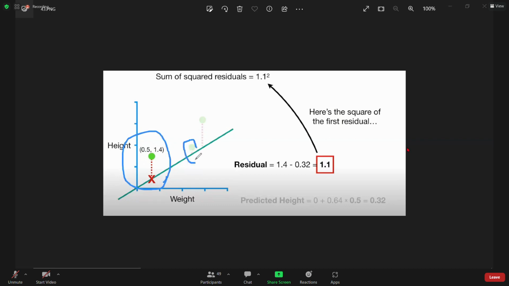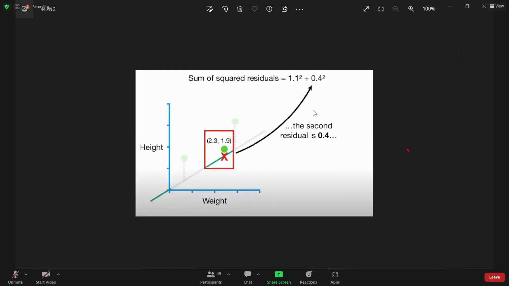Can we go ahead with the other data points? For each other data point, every time we have to do the math. Assume the actual data point is 2.3 and 1.9. When we compute y hat equals mx plus c, m is 0.64, plus 0, and 2.3.